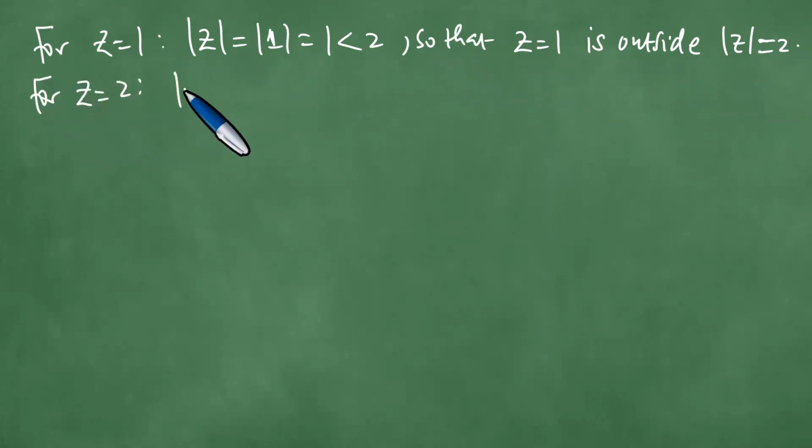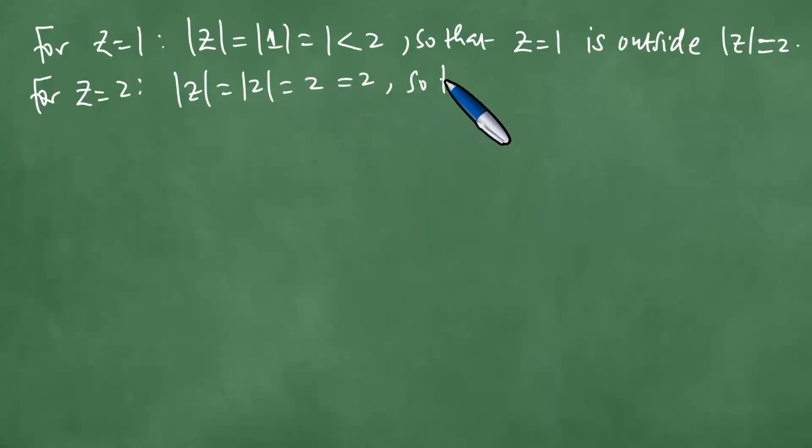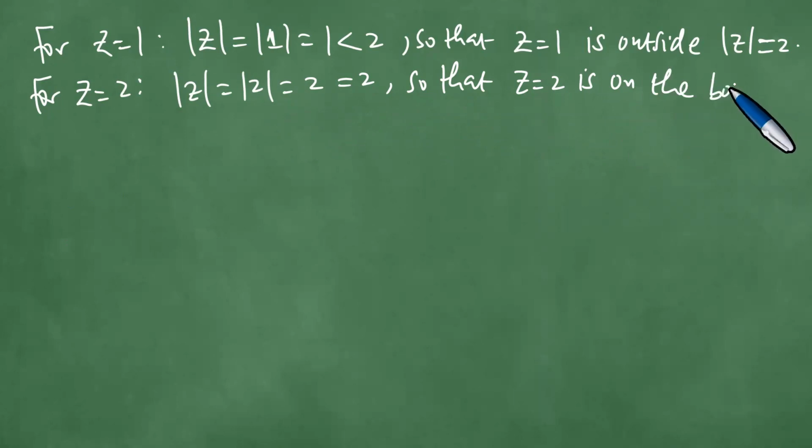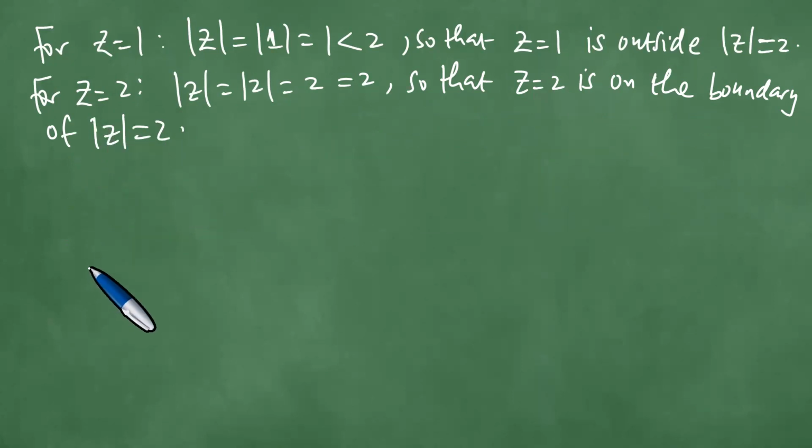For z equals 2, we take the modulus, which equals 2, so that z equals 2 is on the boundary of this circle, of center 0 and radius 2 units.